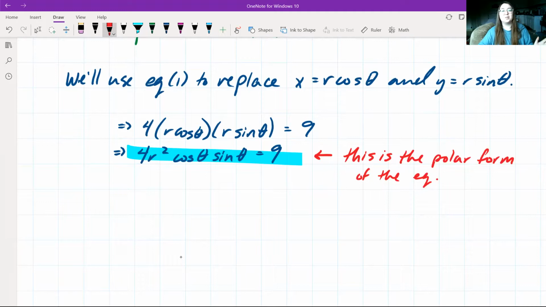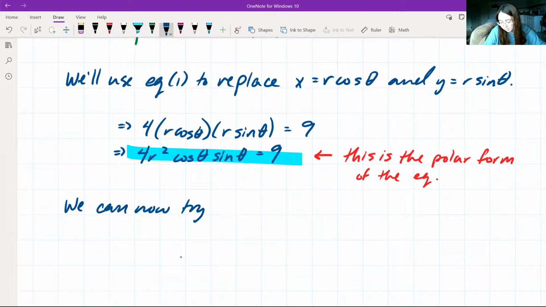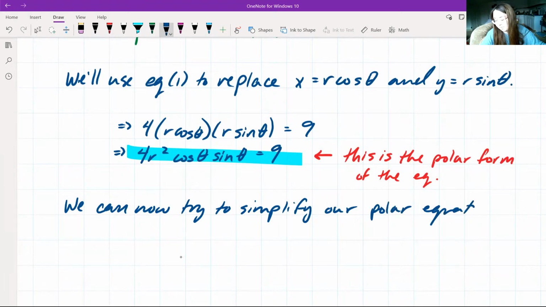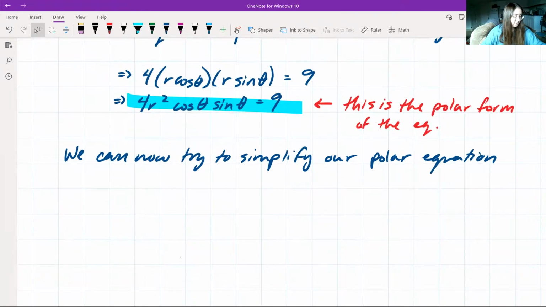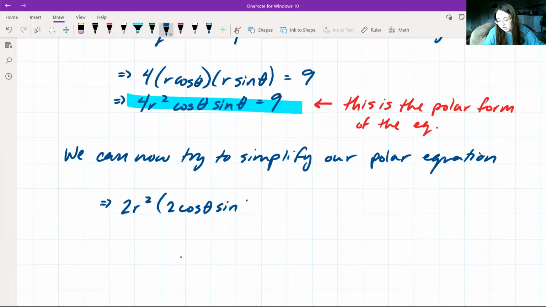Now what we can do is try and simplify our polar equation. There's really just one more step that we're going to do. We're going to factor 4 into 2 times 2. And when we do, we can write this now as 2 times r squared times 2 times cosine theta times sine of theta, which is equal to 9.